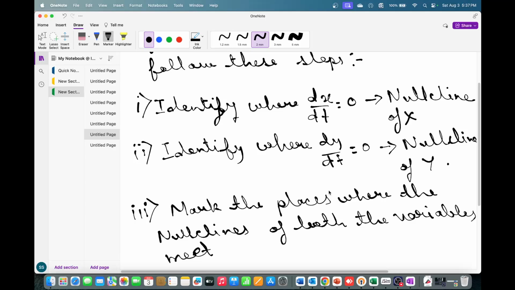Now you found the steady states. How do you know whether those are stable or unstable? It's the same way we did it for single systems. We checked points around those steady states to see whether the system will go away from it or come back towards it.